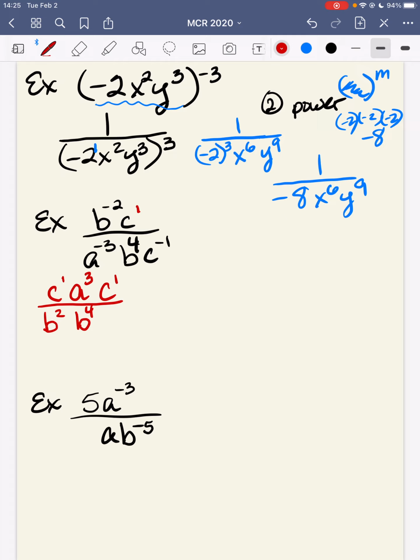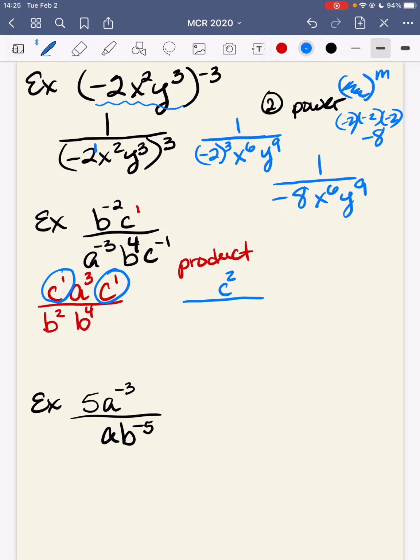At this point, we're just using the product rule and combining my like bases. So on the top, I have a c and a c, so I have c to the 1 plus 1, which is c to the 2nd power.